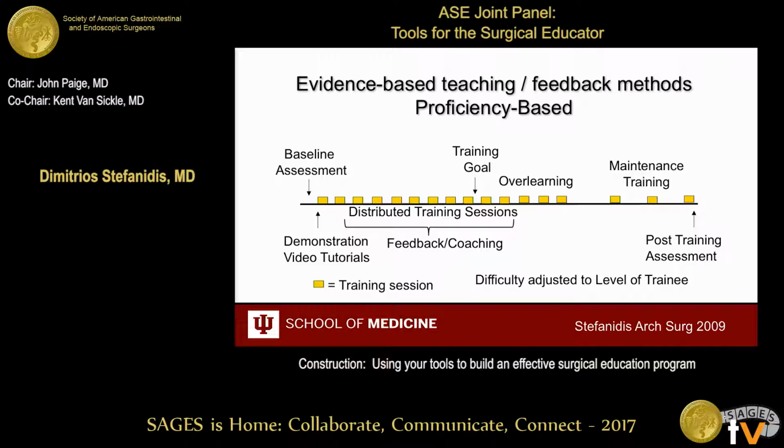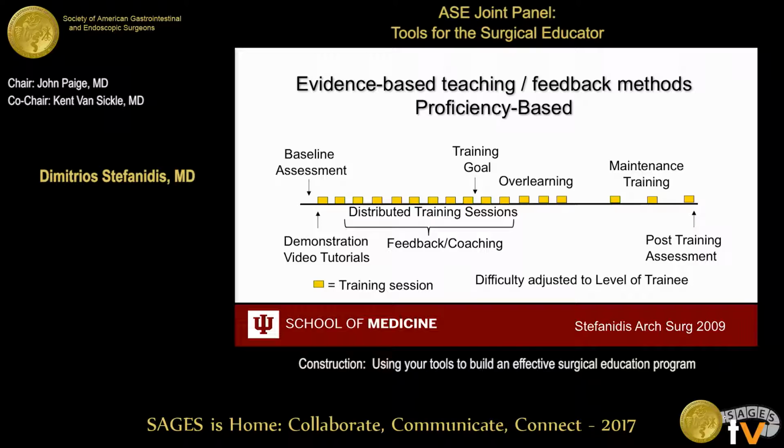And I would argue the same applies also to a training program, because all the concepts are the same, right? So you need to do a baseline assessment to know where your learners are, whatever skill you're trying to teach or train in, whether that's knowledge, whether that is manual skill, procedure.